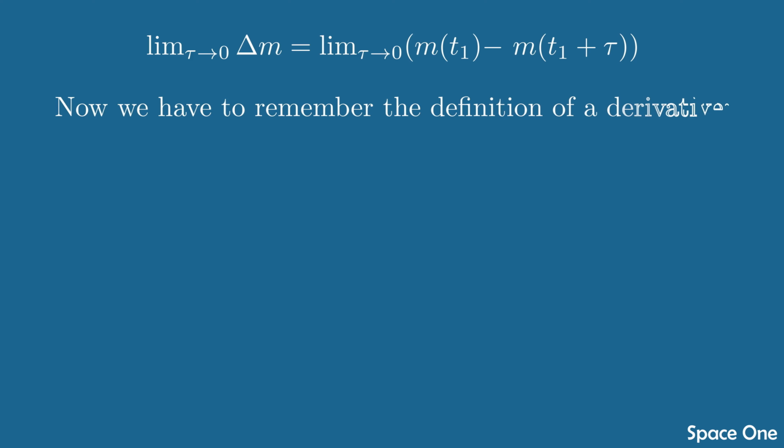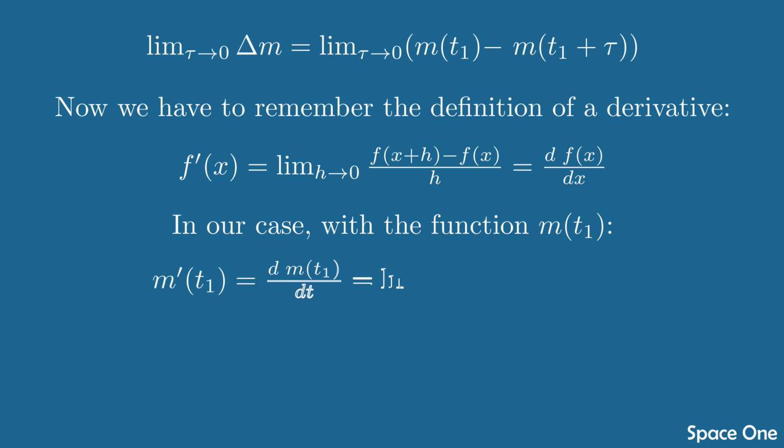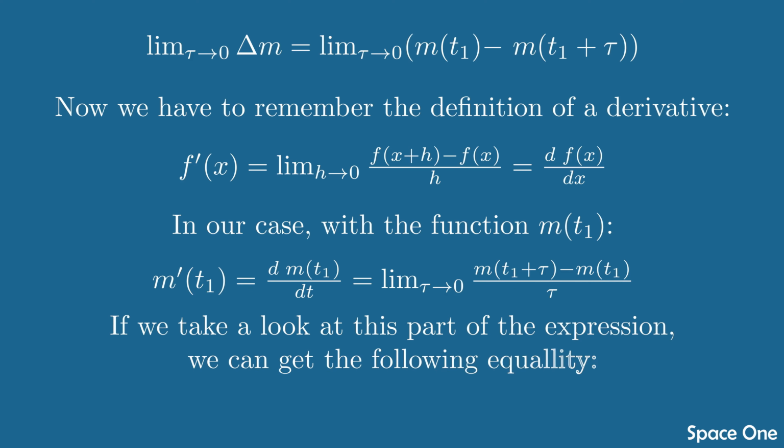Now we have to remember the definition of a derivative. In our case, with the function m of t1. If we take a look at this part of the expression, we can get the following equality.